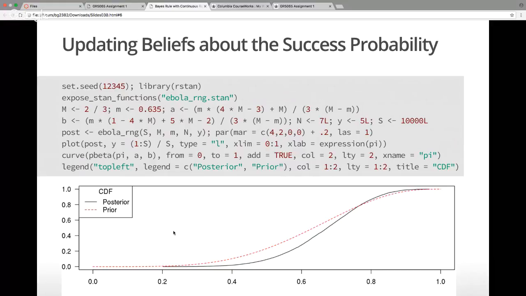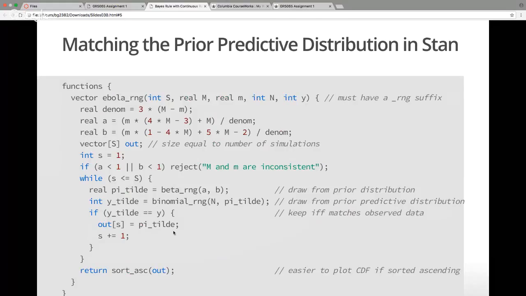Can you go back 1 slide? So what we're doing here is in some ways related to that third homework problem where we sampled n from another distribution. Here we're just sampling pi from another distribution. What makes this a little different is we have a condition as to whether to keep our draw or throw it back.